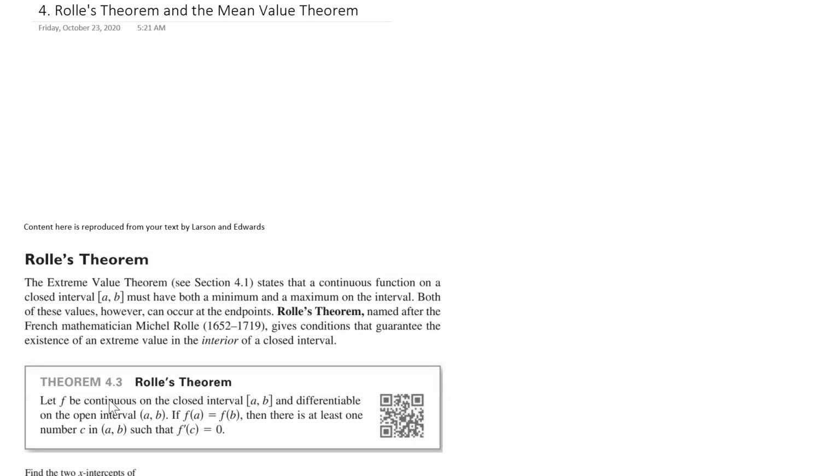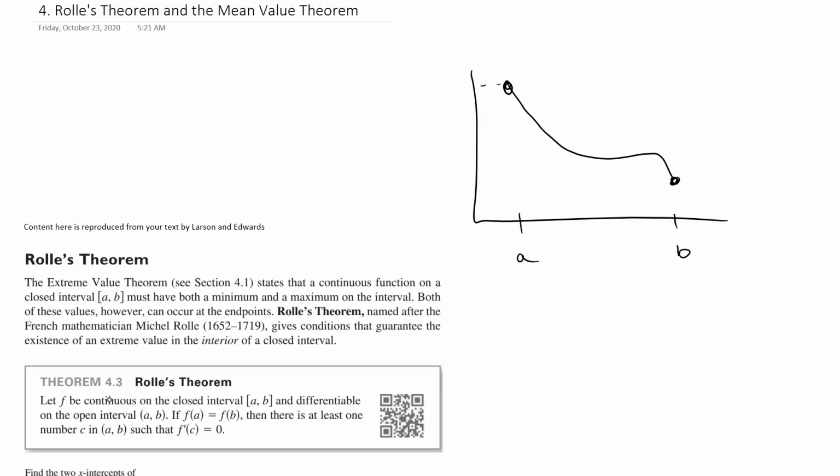Meaning that if I'm looking at a function on a closed interval a to b, there must be a maximum and a minimum value, right? So here we have f of a and f of b, and there must be a maximum somewhere on this interval.